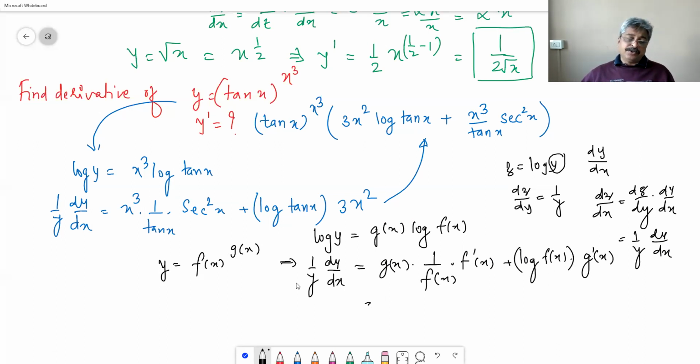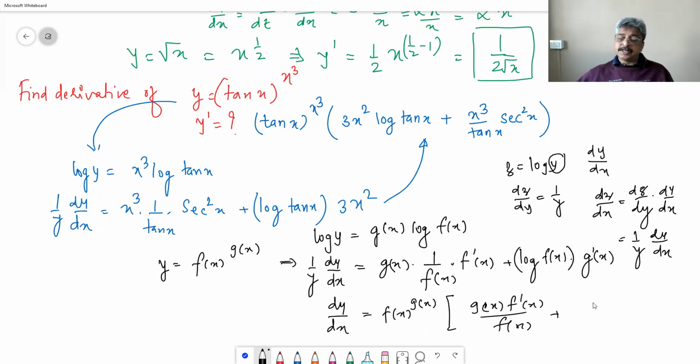Okay, and now if you take this y to the RHS, then dy by dx is equal to f of x raised to g of x, that is common, that is y, and inside the bracket g of x f dash of x upon f of x plus g dash of x log f of x.